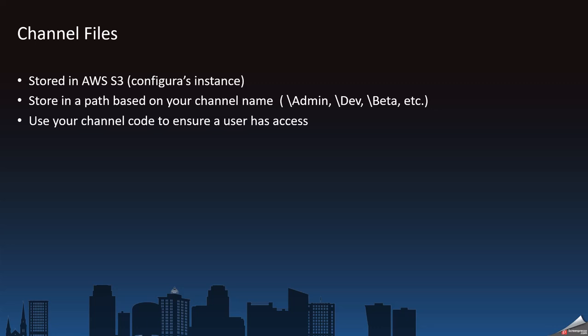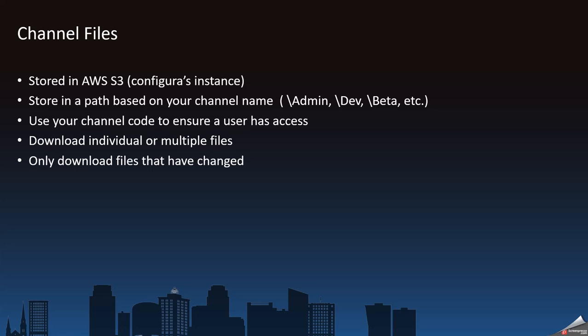You can use your channel code to determine which ones you want to download, which ones the user has access to. And then you could download individual files if you wanted, or you could just download them all. There's a handy feature in there where the downloader is good at checking if a file changed or not. So you're not downloading everything every single time.